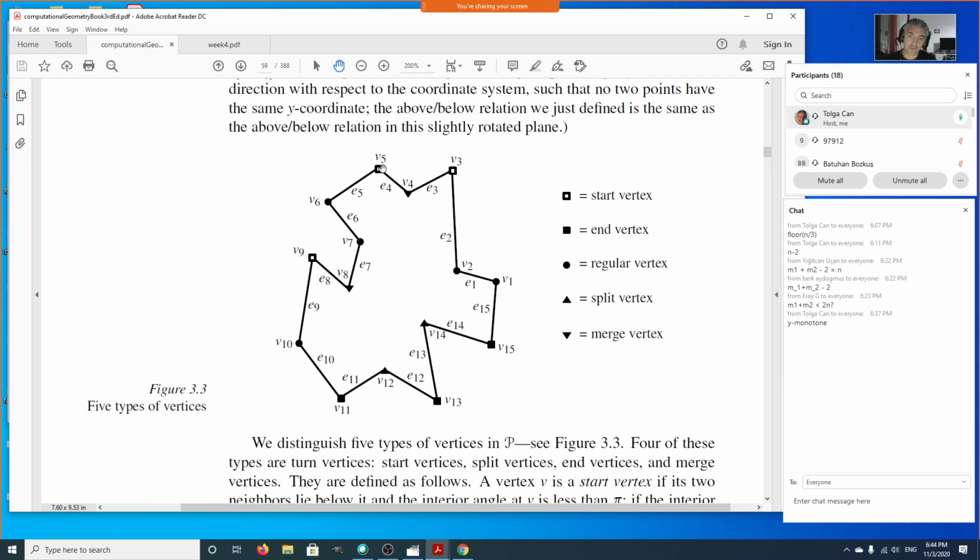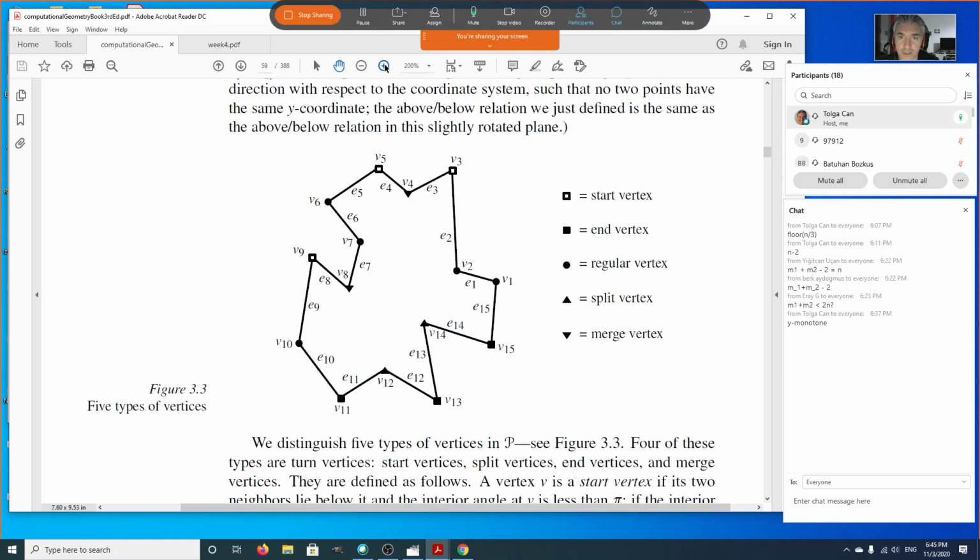But V14 and V5 are classified differently because V14 is not a top vertex of the polygon, because the interior of the polygon is not here. The interior of the polygon actually has more than 180 degrees here. It's actually locally above V14. All right, so we call V14 a split vertex, because if you consider, let me just copy this.